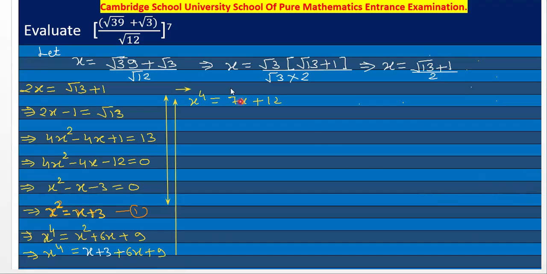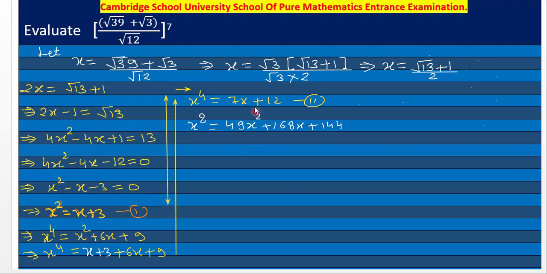Further squaring the left hand side as well as the right hand side, this is equation number 2. We have x power 8, and now the square of 7x plus 12, using the identity a plus b whole square is a square plus 2ab plus b square. We have 49x square plus 168x plus 12 square, which is 144.